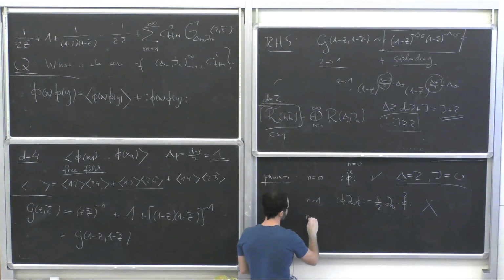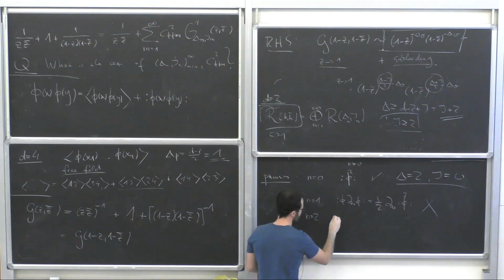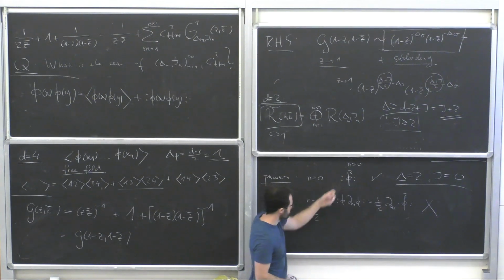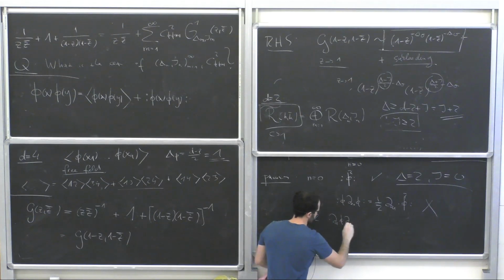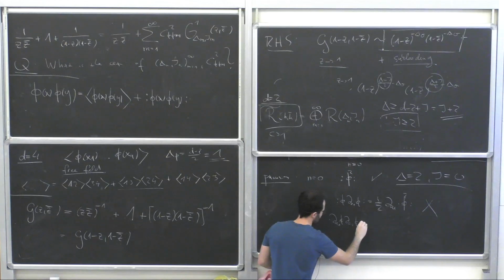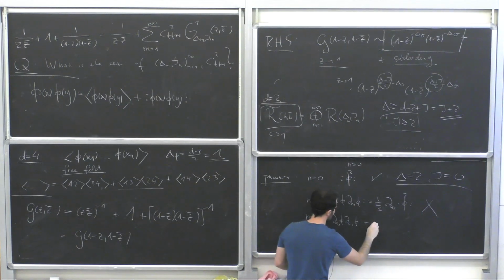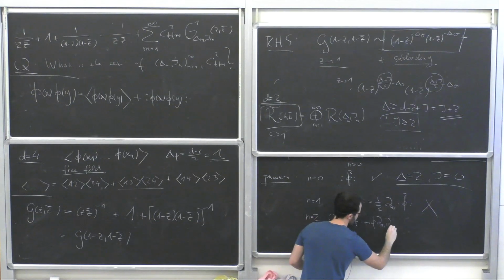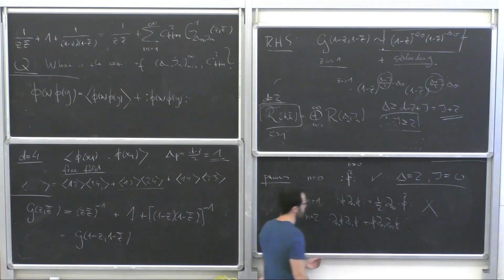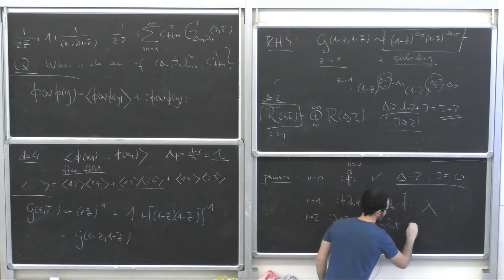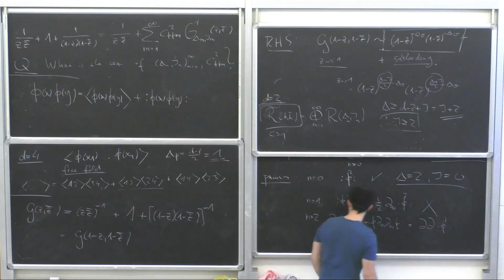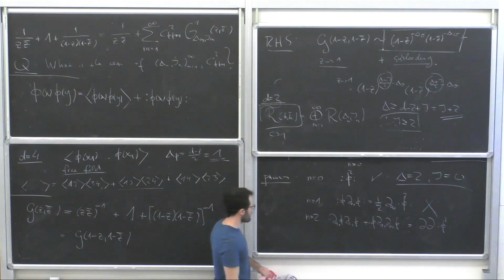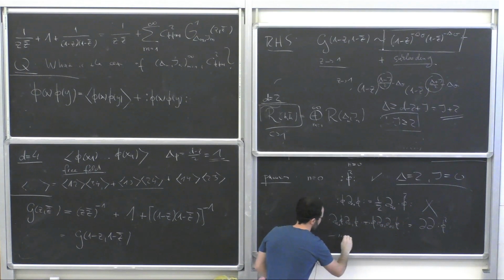At n equals 2, there is a descendant, which is the level 2 descendant of this one. So that one would look like a1, a2, phi. So we need to take two derivatives of this. So you get something like plus. So this one is a descendant. But it turns out that there is a primary, which is the same thing with a minus sign.